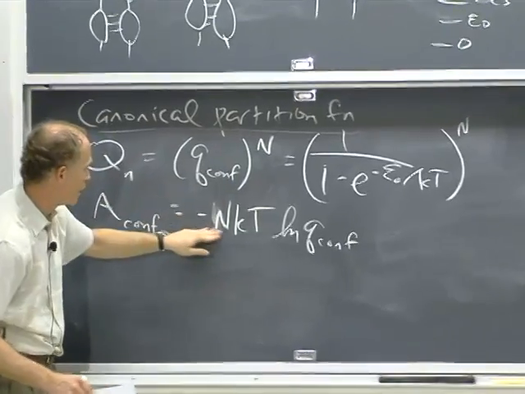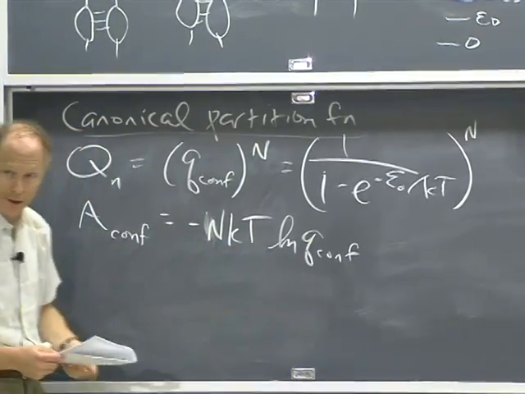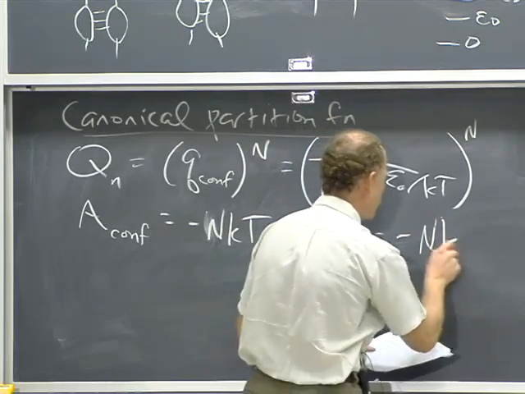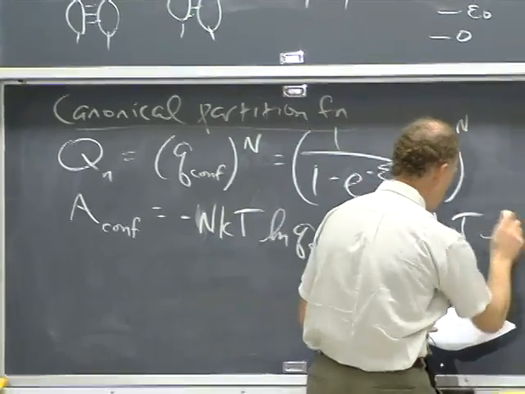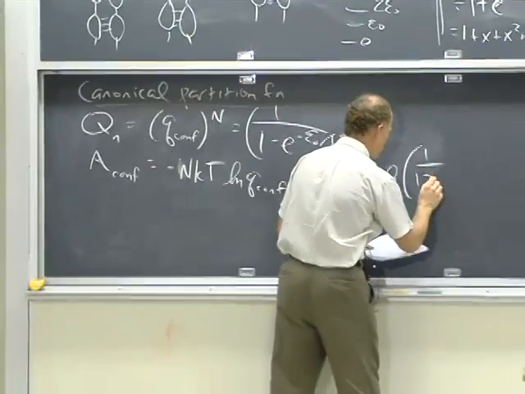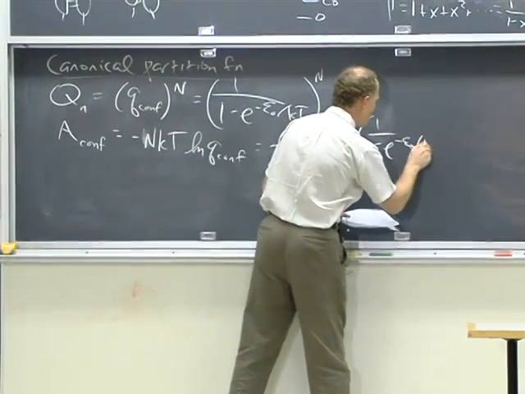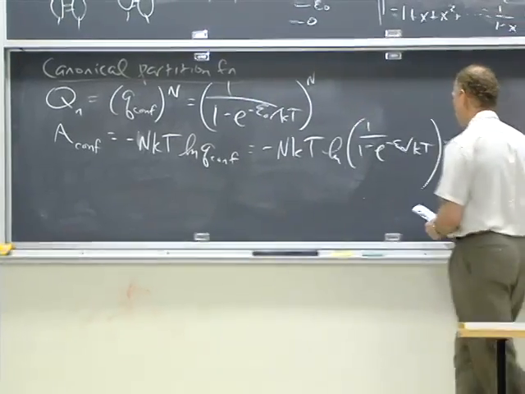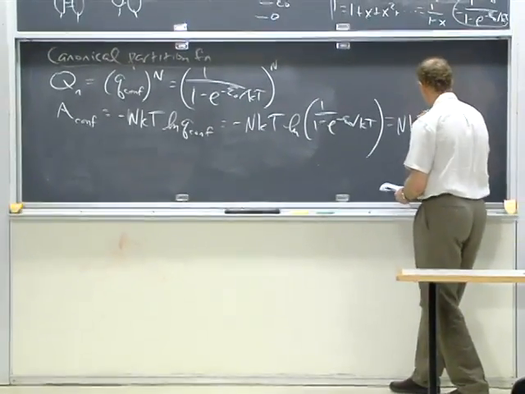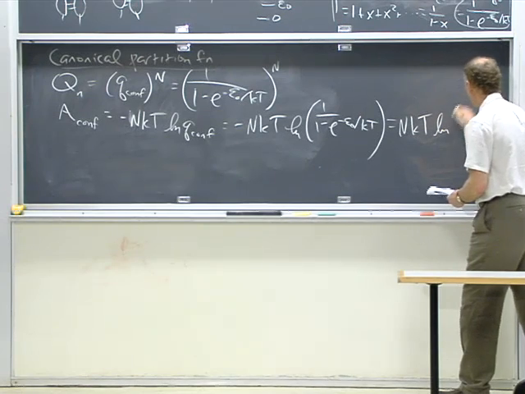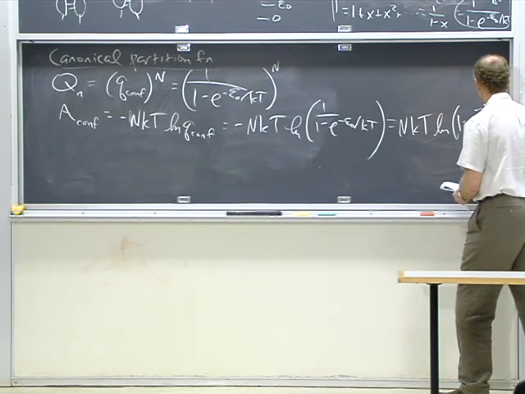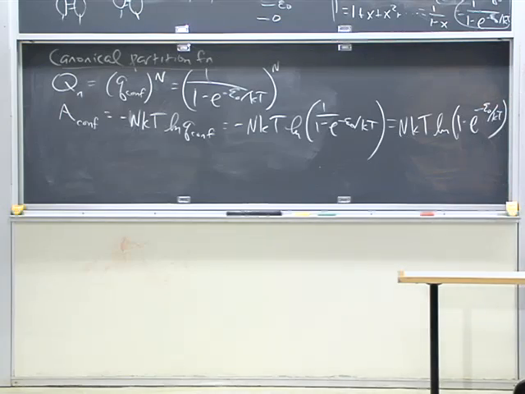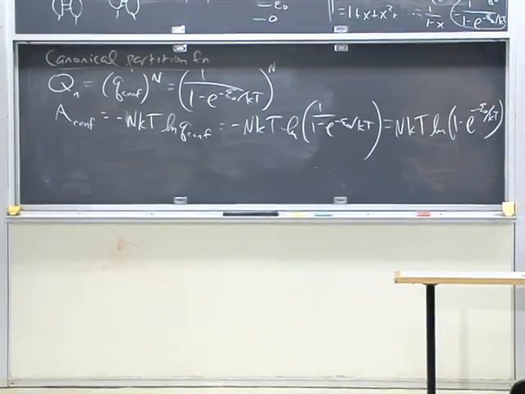So it's minus NkT log of little q, minus NkT log of 1 over 1 minus e to the minus epsilon over kT, or positive NkT log of 1 minus e to the minus epsilon over kT. So a pretty simple form for the Helmholtz free energy.